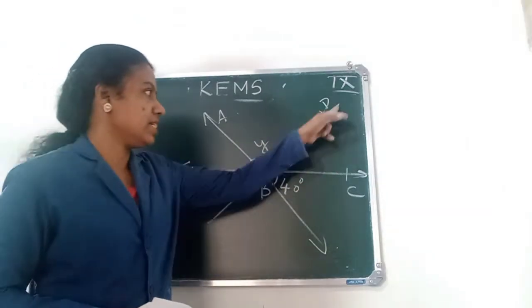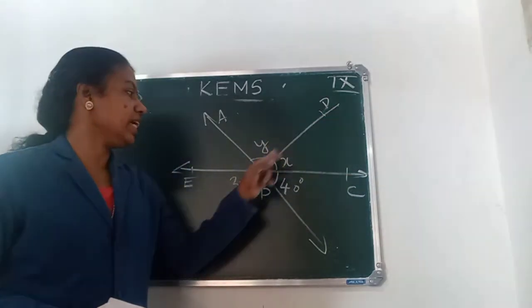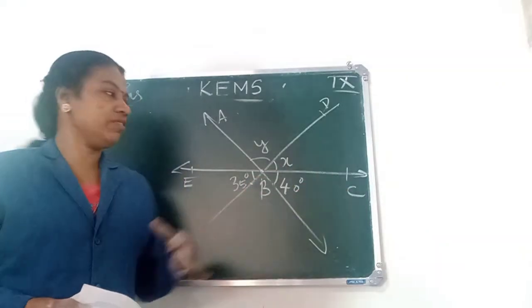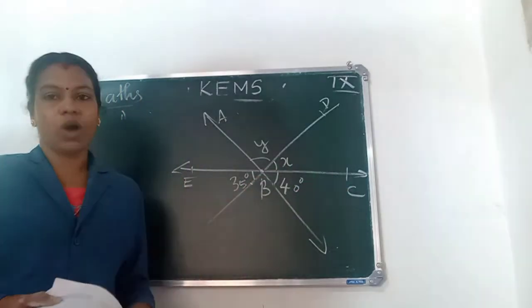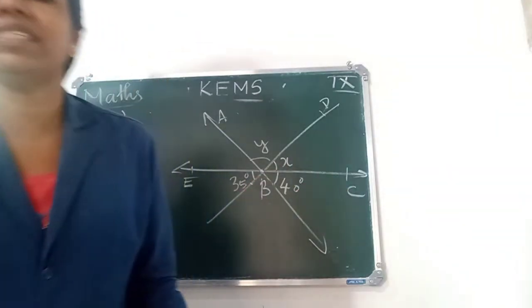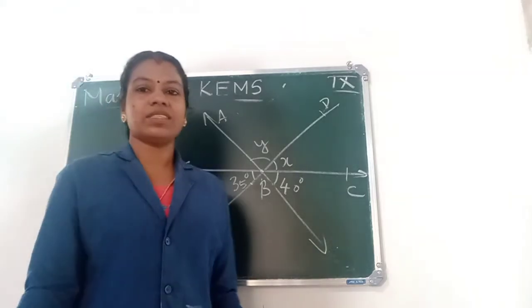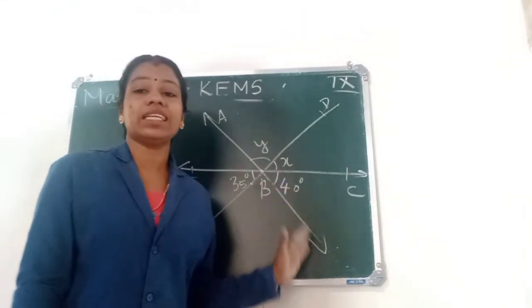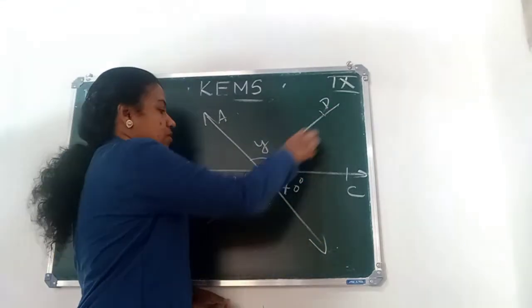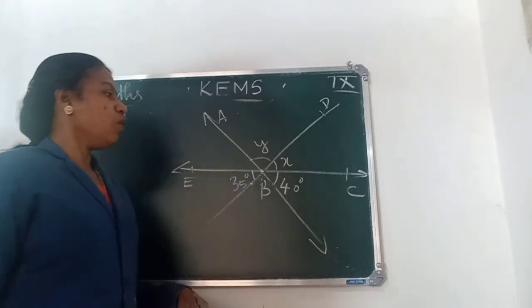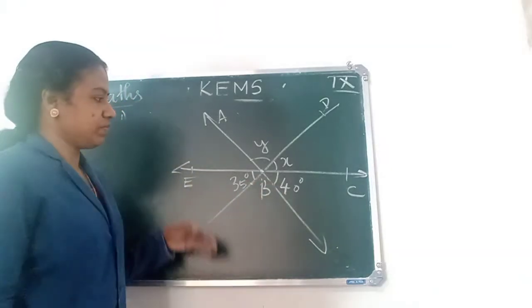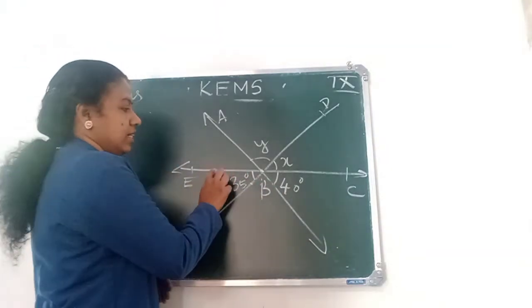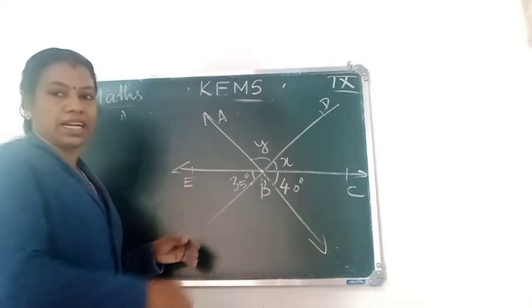This is x, that is this small angle, DBC. First find that one, then find y. This is very easy because these are vertically opposite angles. Look at these two lines. These two are vertically opposite angles.